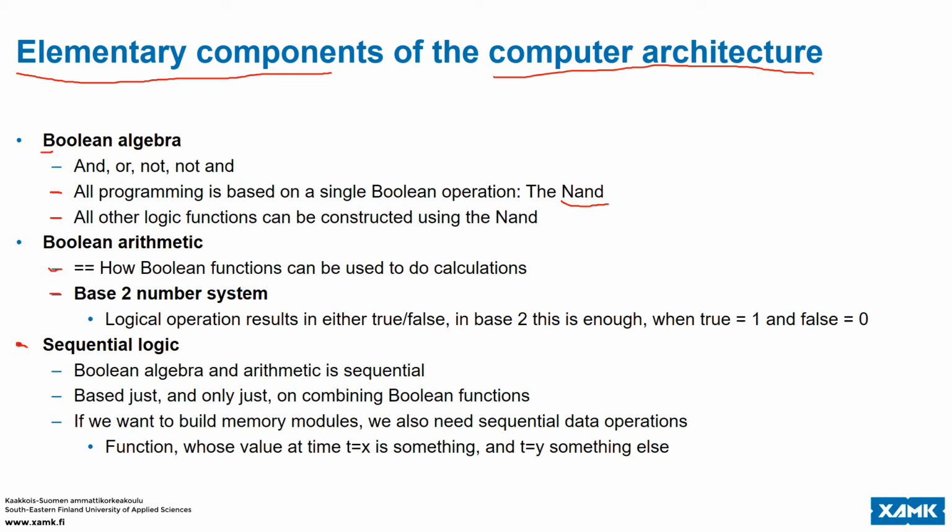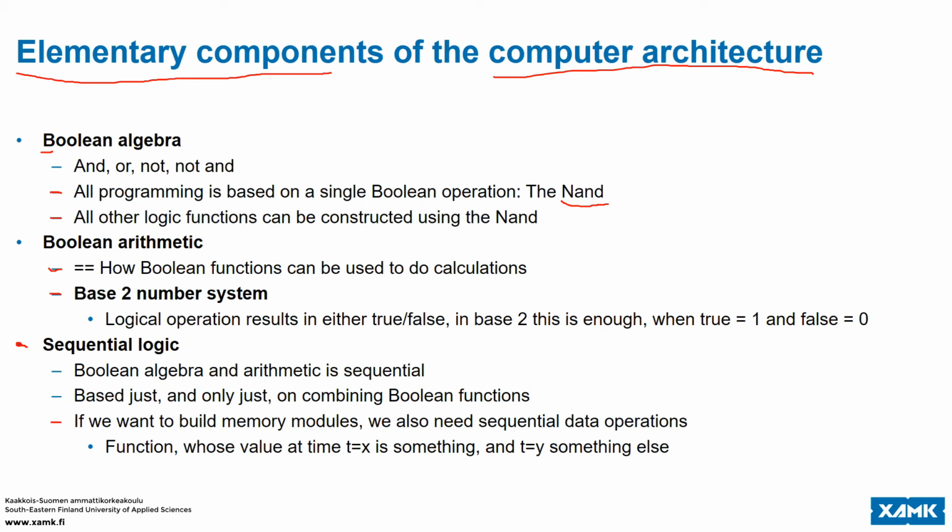Whereas Boolean algebra is just arithmetic, we can combine different Boolean functions and try to build sequential logic. If we want to build memory modules, modules that can store certain values from one point in time to another, we also need some sort of sequential data operations.